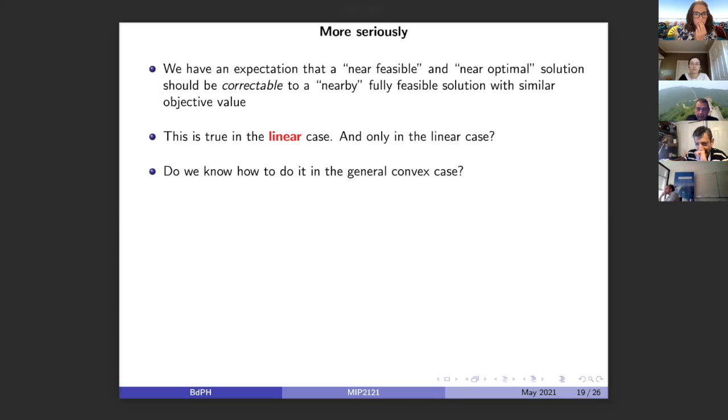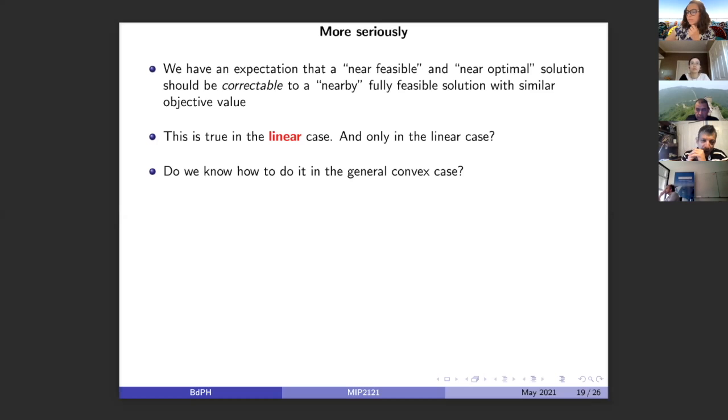If we have a convex system, an SDP, and we have a near feasible solution, can we correct it in polynomial time to make it feasible? Well, strictly speaking, we don't know how to solve SDPs in polynomial time, so I don't know how I would even answer that question. But how about SOCPs? If we have a nearly feasible solution to an SOCP, can we correct it in polynomial time to make it feasible?